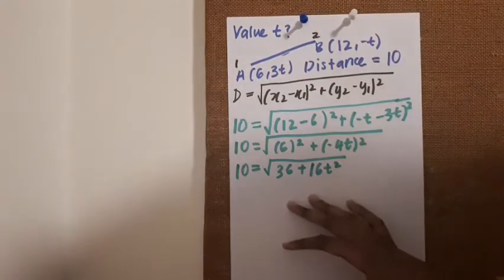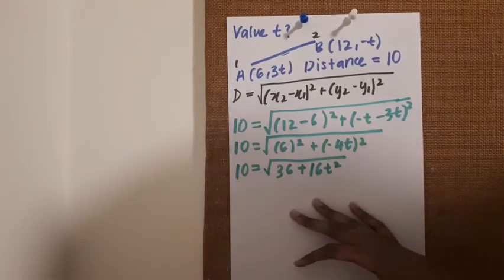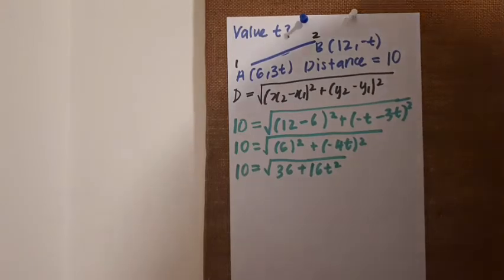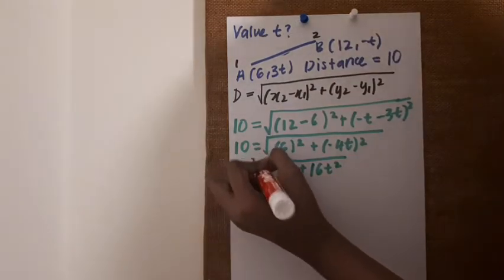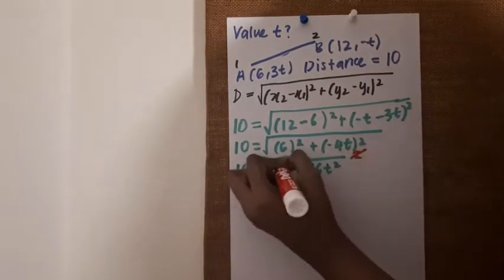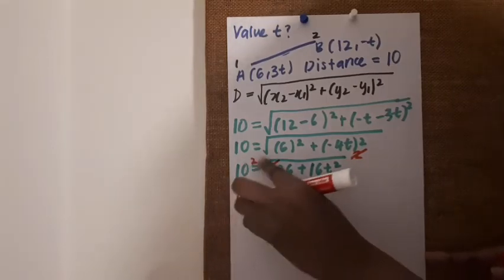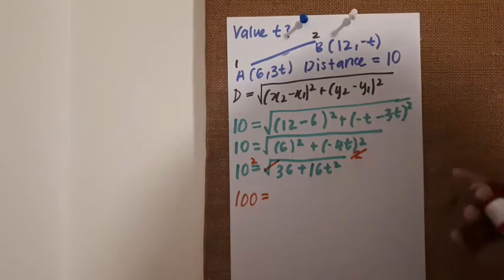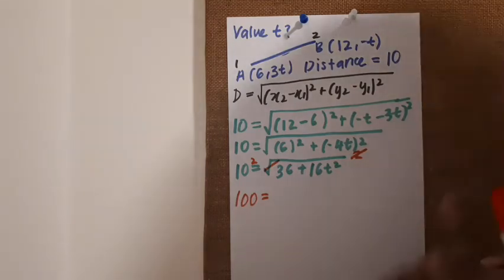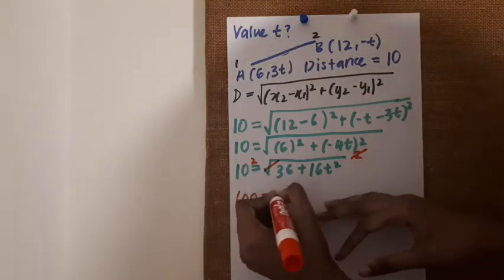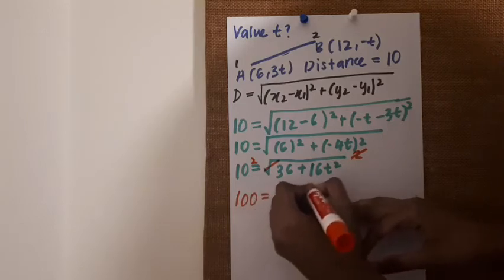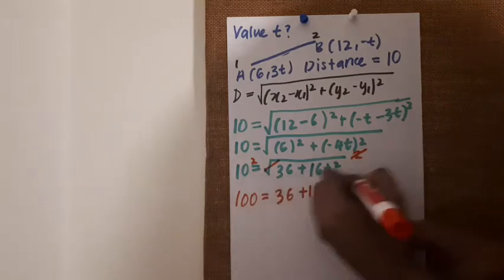The square root cancels off if you square both sides. When you square both sides, this becomes 100. Why 100? 10 squared is 100, or if you don't know, please use your calculator. You will get 36 plus 16t squared.